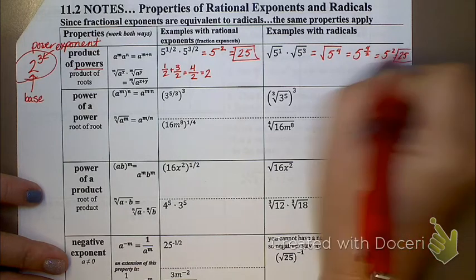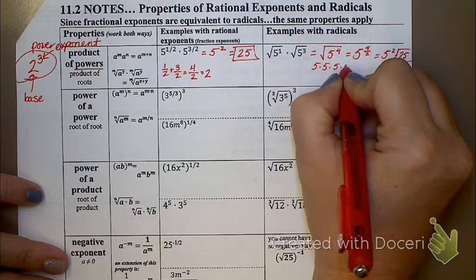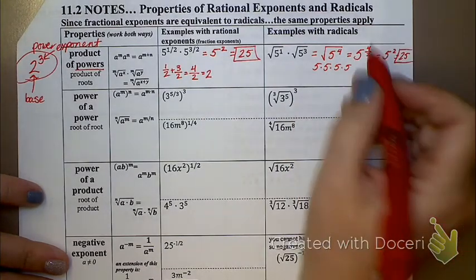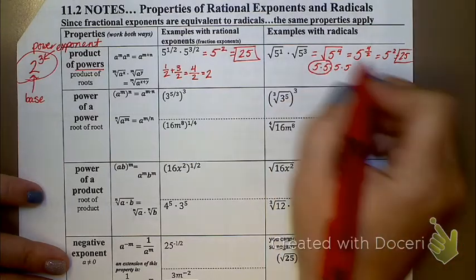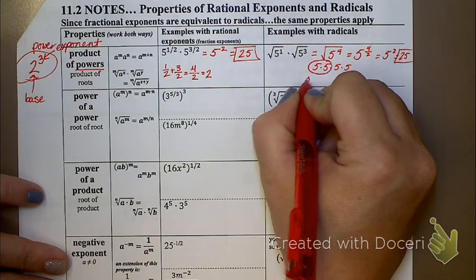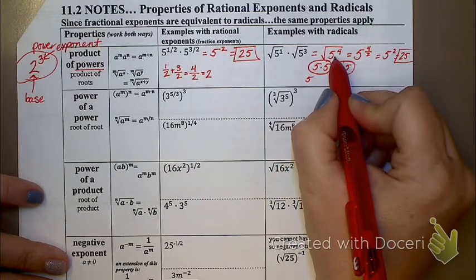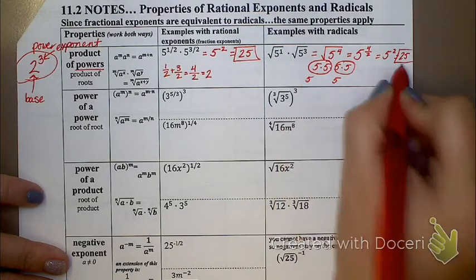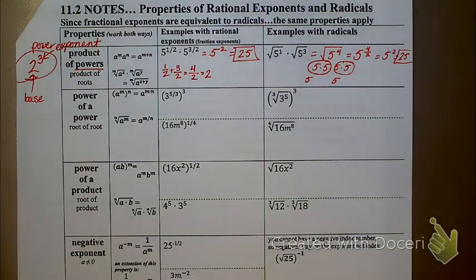Another way to think about that is 5 to the 4th is 5 times 5 times 5 times 5. So if I think about who can come out with a square root, that means I have one 5 on the outside. That means I have one more 5 on the outside. Nobody's left inside, and 5 times 5 gives me that 25.